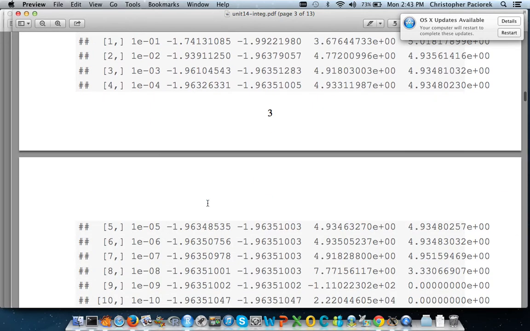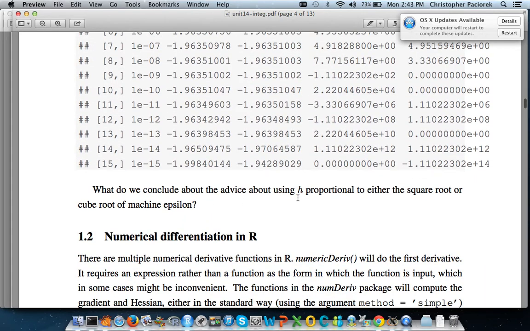A rule of thumb, though the rules of thumb are a bit squishy, is for first derivatives to make h proportional to either the square root of machine epsilon or the cube root of machine epsilon. So either something like 1 times 10 to the minus 8 or 1 times 10 to the minus 5. As we just saw in the example, values around there were where we did pretty well in this trade-off of having a small h, but not so small that we got into the realm where numerical inaccuracy came into play.